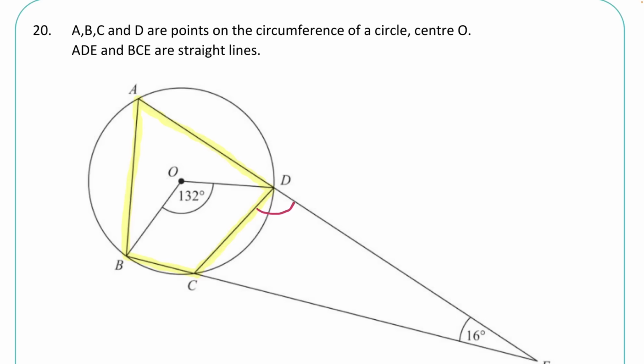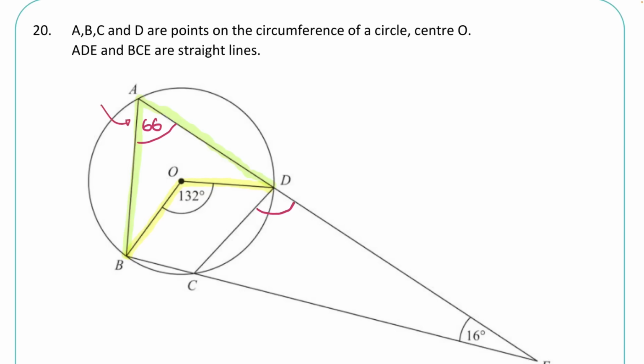But we do have an angle at the centre here. We have an angle at the centre of 132, and that also makes an angle up here at the circumference. And we know angles at the circumference are half of the angle at the centre, or of course you can say that in reverse, but we need to do 132 divided by 2, which means this here is 66.